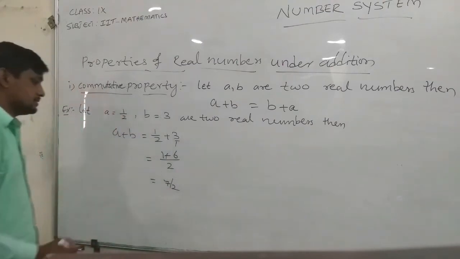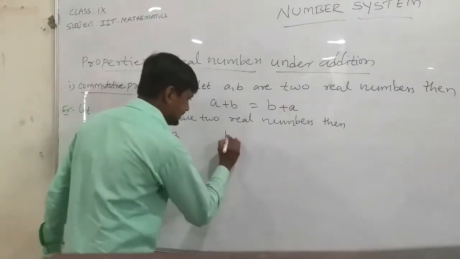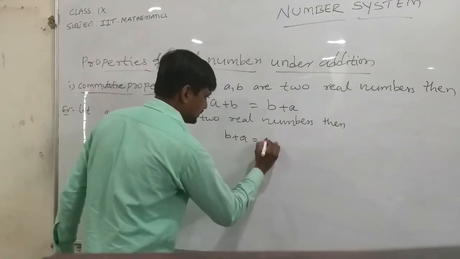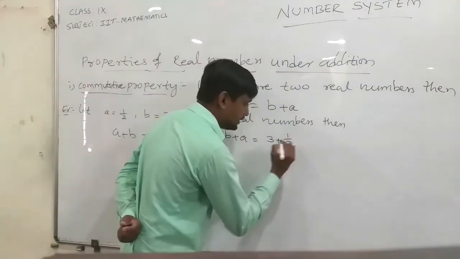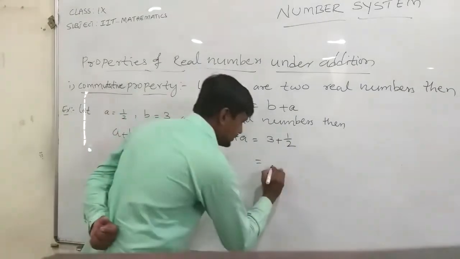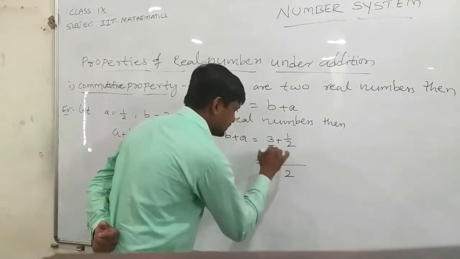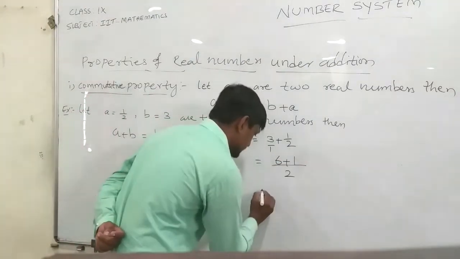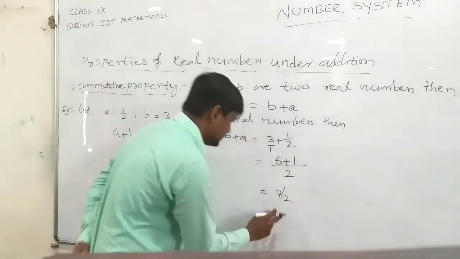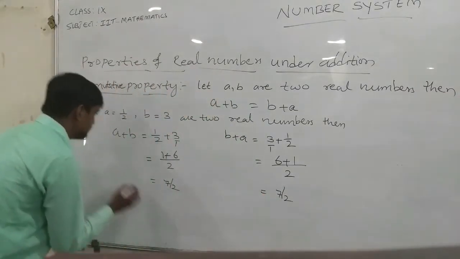This is the LHS. Now next I'm taking B plus A, that is RHS. B plus A is equal to 3 plus, B value is 3 and A value is 1 by 2. That's equal to the LCM is 2. Here 3 by 1 I'm taking. The answer will be 6 plus 1. That's equal to 7 by 2. So both LHS and RHS are equal.